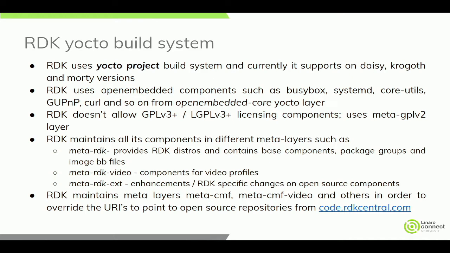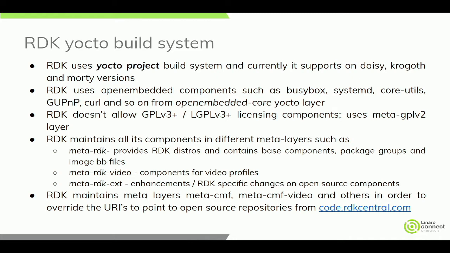RDK maintains different Yocto layers to keep their distros in a separate layer, and basic components, everything, will be in the meta-rdk layer. For video profiles and broadband profiles, they maintain different layers. There you find meta-rdk-video contains some components which are used for video profiles.